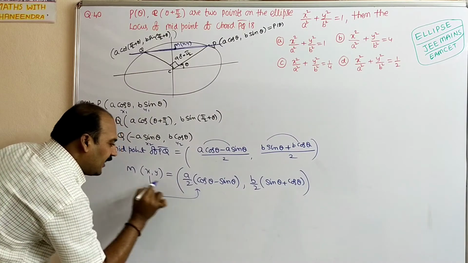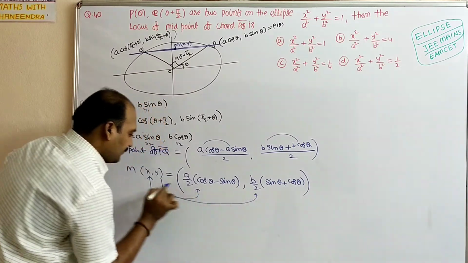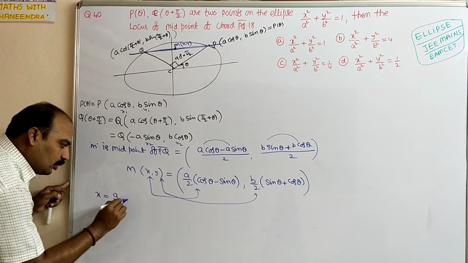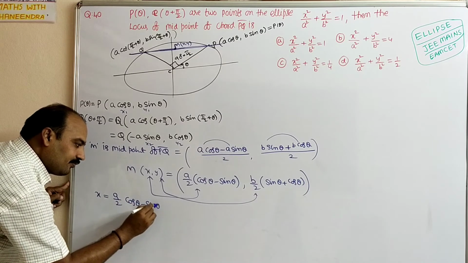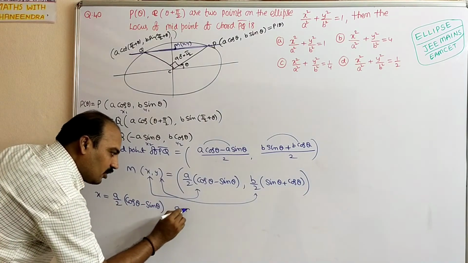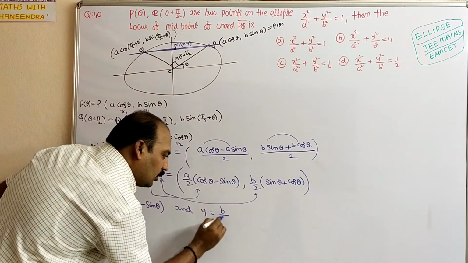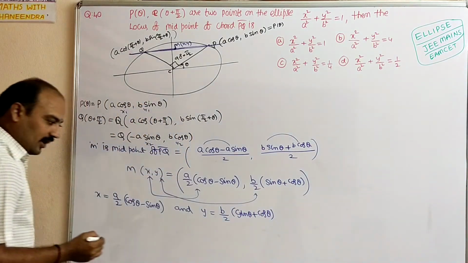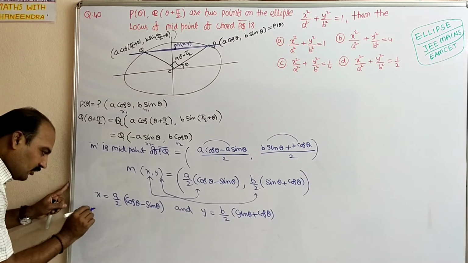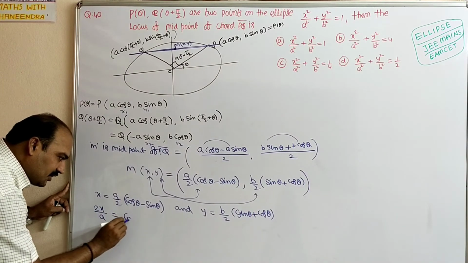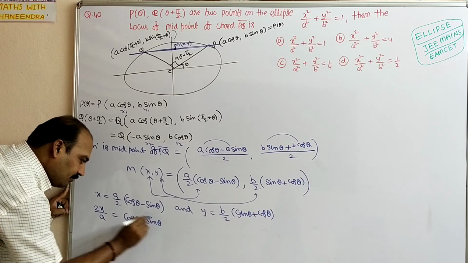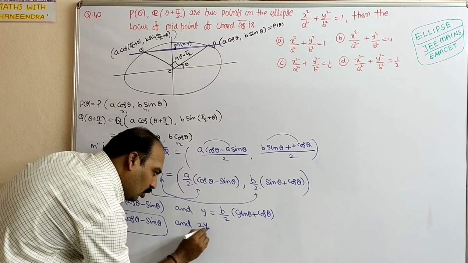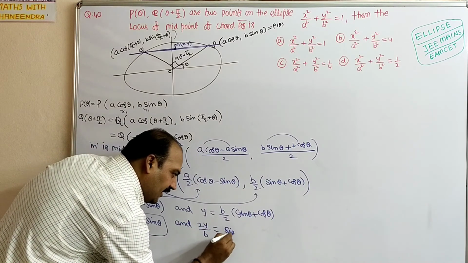By equating x and y coordinates, x equals a by 2 into cos theta minus sin theta, and y equals b by 2 into sin theta plus cos theta. Now I am taking 2 and a to the other side. So 2x by a equals cos theta minus sin theta. Put it in a box. And 2y by b equals sin theta plus cos theta.